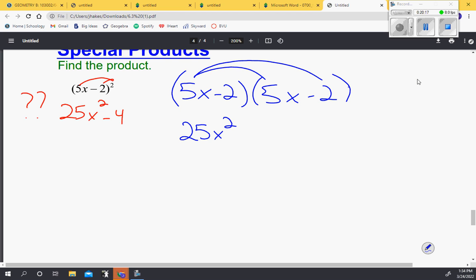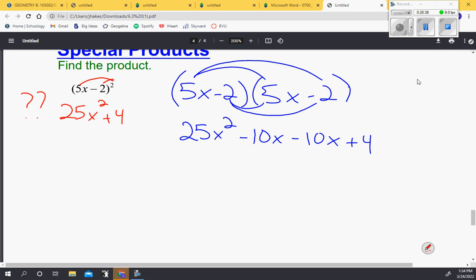And right so far, 5x times negative 2 is a negative 10x. And then I'm going to go with this negative 2 times 5x, that's negative 10x. And then negative 2 times negative 2 is a positive 4.